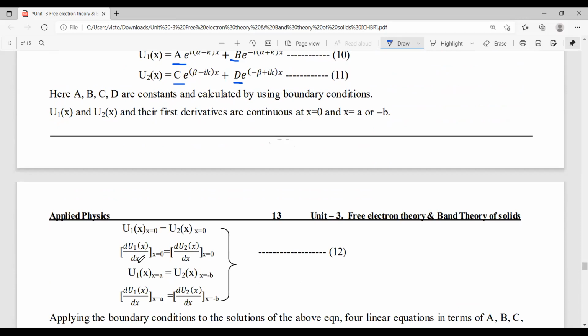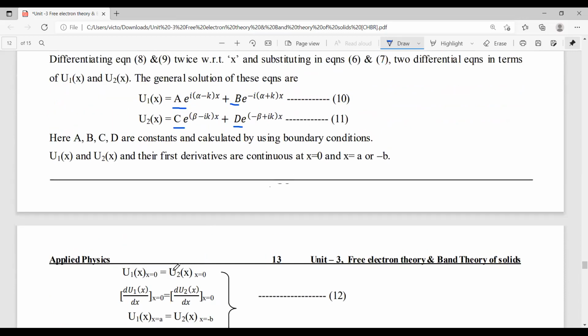So what are the conditions? u1 of x at x equal to 0 is equivalent to u2 of x at x equal to 0. Let us take the first condition, u1 of x at x equal to 0.